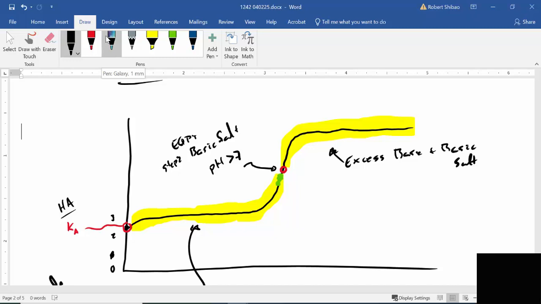And then the basic salt will produce some additional hydroxide, unless we're very close to the equivalence point. If we're very close to the equivalence point, then it's probably the basic salt that's providing most of the hydroxide, or even Kw, which is providing most of the hydroxide. So near the equivalence point, we have to do more to determine it.